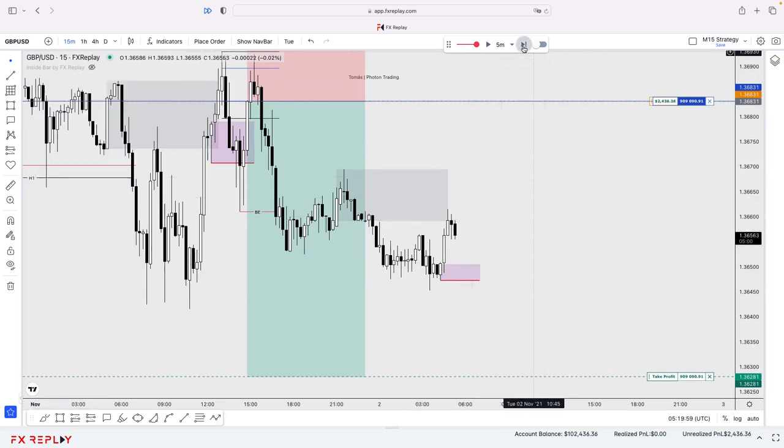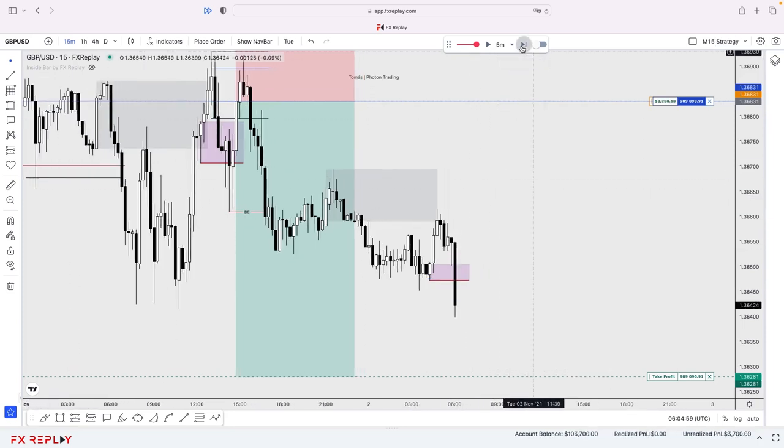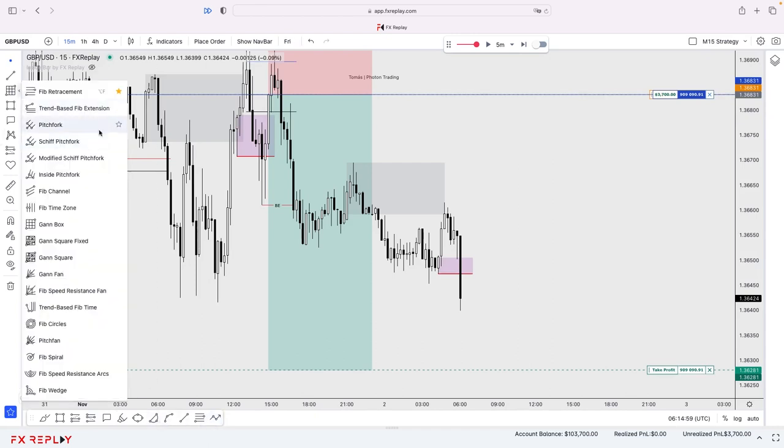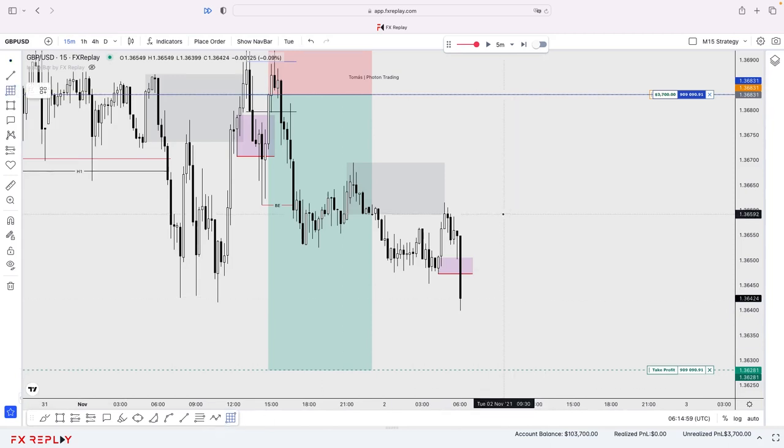Okay, so essentially the entry is ready. The entry is ready, and for me that does not make sense because this is already mitigated here, so it's not very clean. I won't lie, this is not very clean.